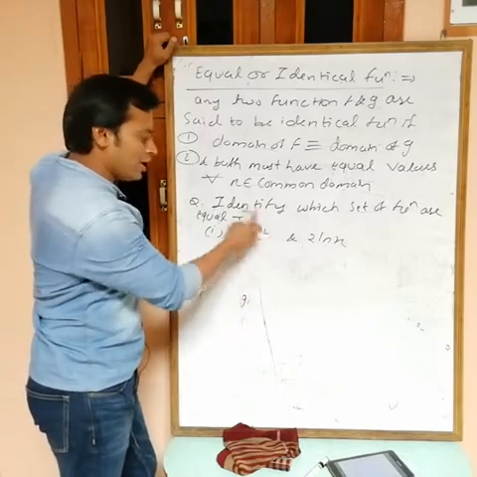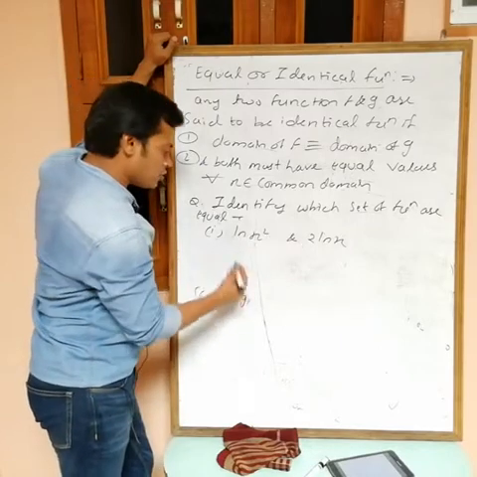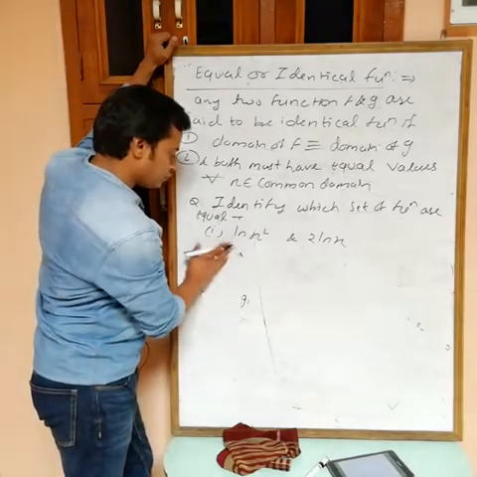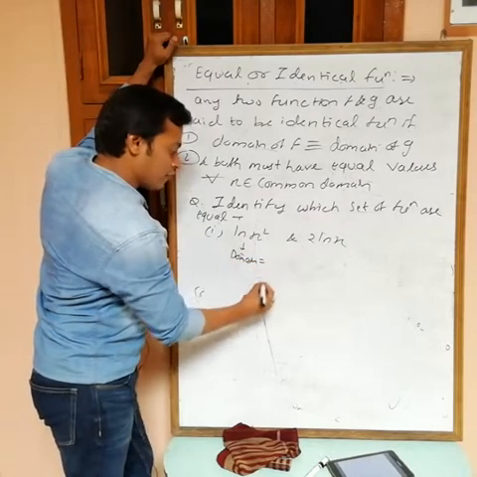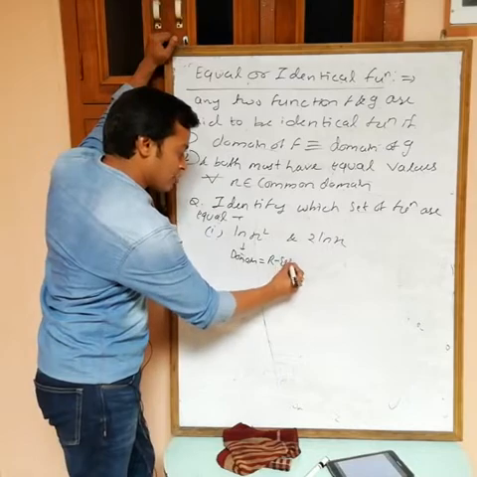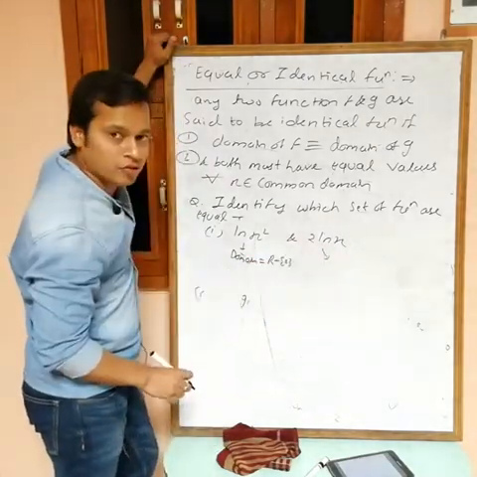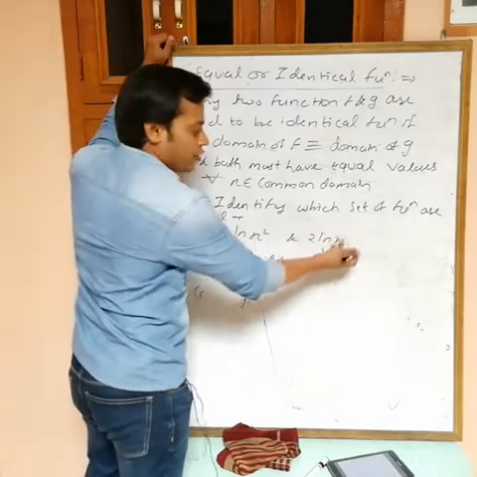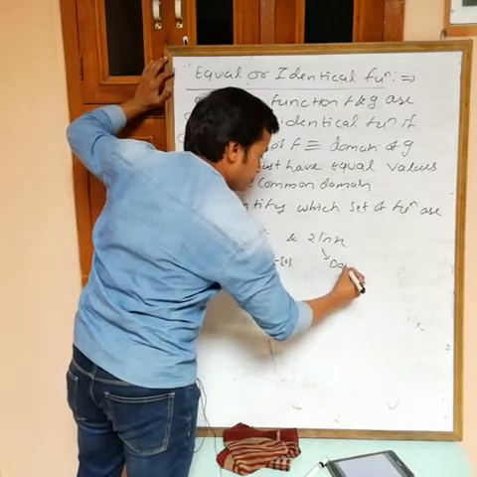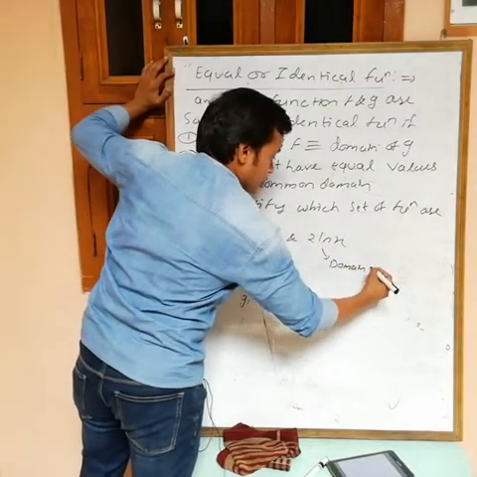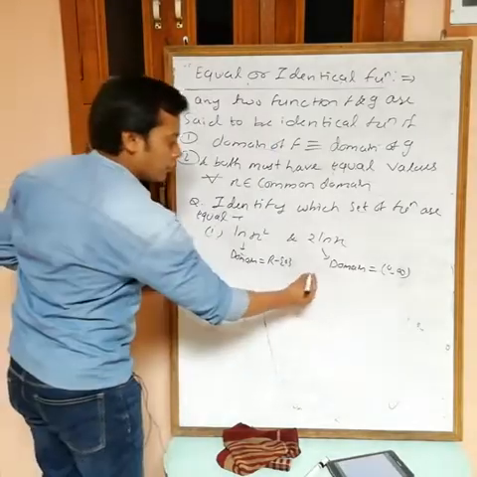So in this case domain is R minus 0, excluding 0, and in this one you can't put negative value, because logarithm is not defined for negative. So in this one domain is 0 comma infinity, not same, so they are not equal.